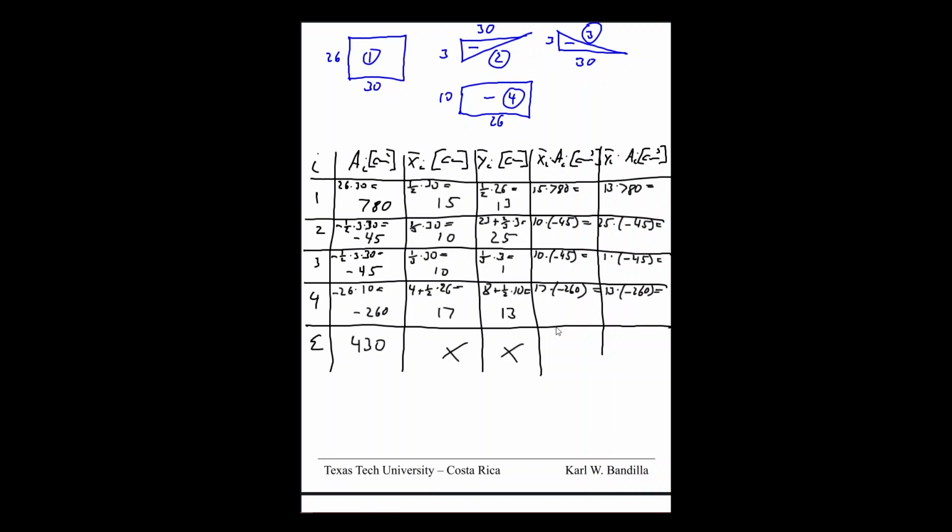All right, so that means we need to plug in these numbers. This is 11,700. This is minus 450. That one's easy. That one's also minus 450. This one is minus 4,420.